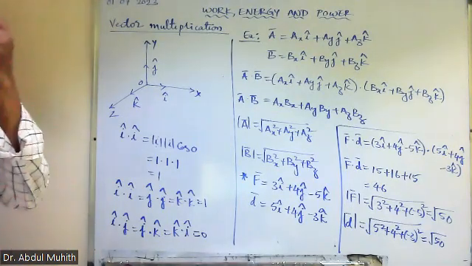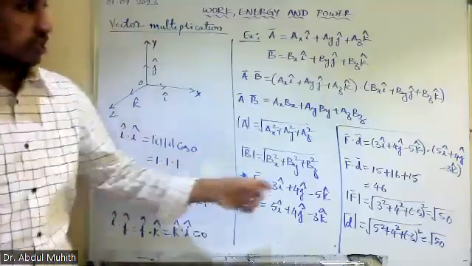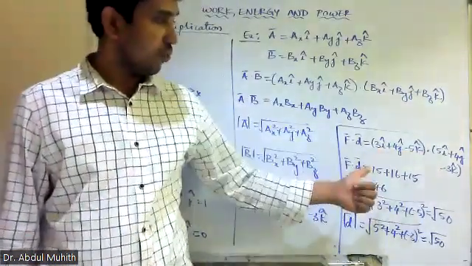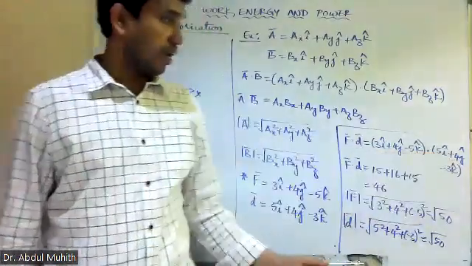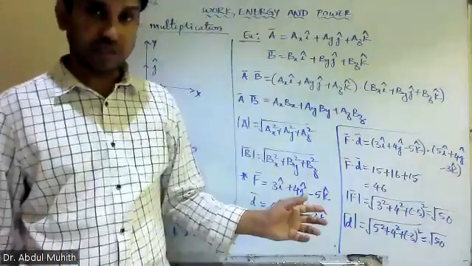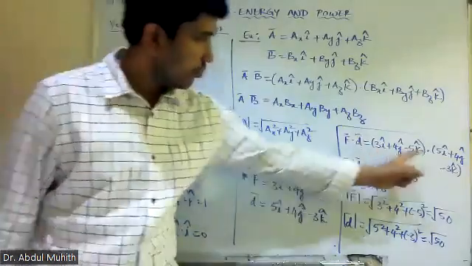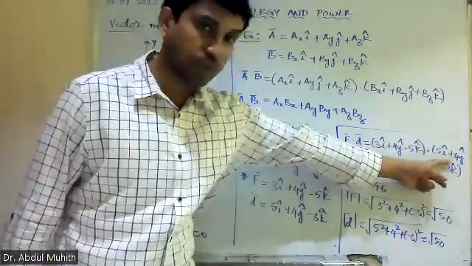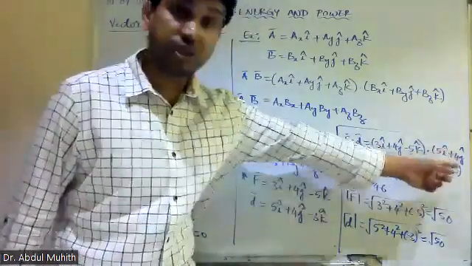Okay. So now what will happen here? F dot D. See, 3 into 5, 15. 15 i cap, I into I will become 1. 3 into 4, 12. But I into J will become 0. That is why we are not doing that. Got it? 3 into 5 is 15, done. But we are not multiplying 3 with 4. 3 into 4 is 12. Why? Because I dot J will become 0.